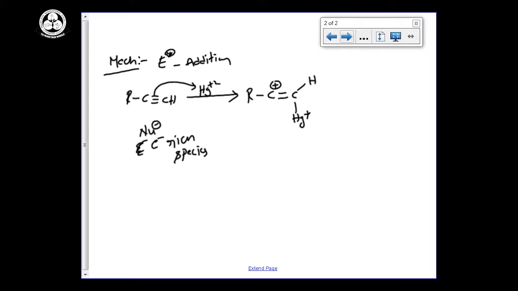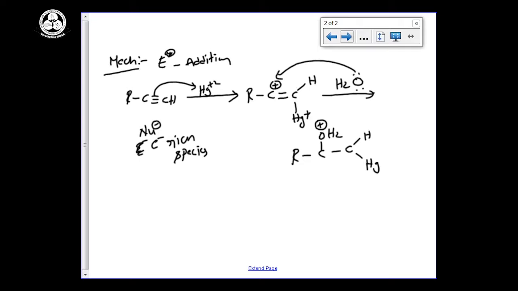Already I told you, a cyclic carbocation can form. Now add water to this one. Water has a lone pair of electrons, which you can donate here. Then it becomes R, C, OH2 plus and C, H, Hg plus.